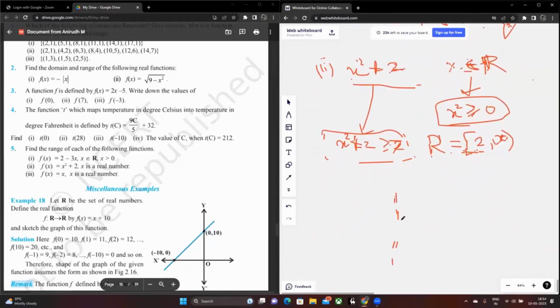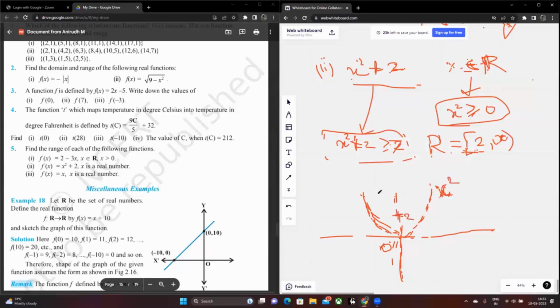Graphing this function out, x squared is a parabola that touches 0. This is y equals x squared.